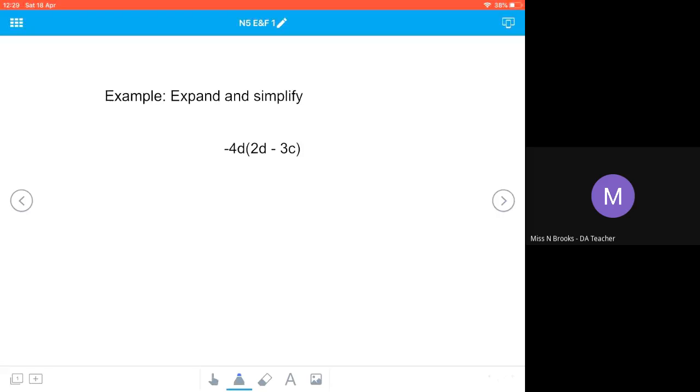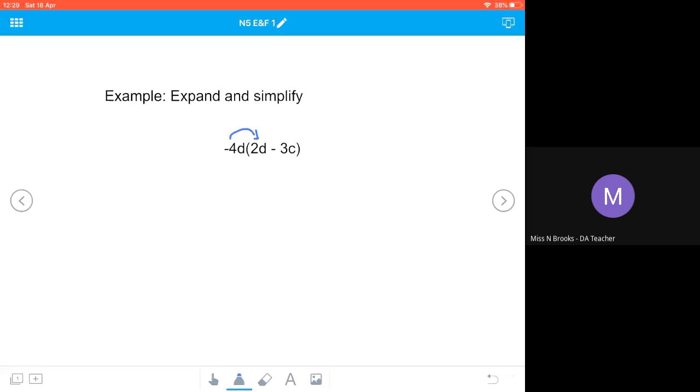We don't put multiplication signs in because, as you know, in algebra we use the letter x quite a lot, and it can get very confusing if you've got the variable x and multiplication signs. So when we're multiplying letters together, we can just write a times b as ab in alphabetical order. So first of all, we're going to do negative 4d multiplied by 2d.